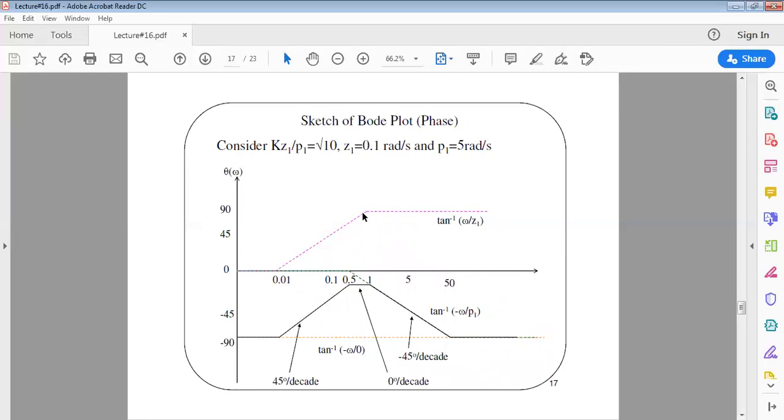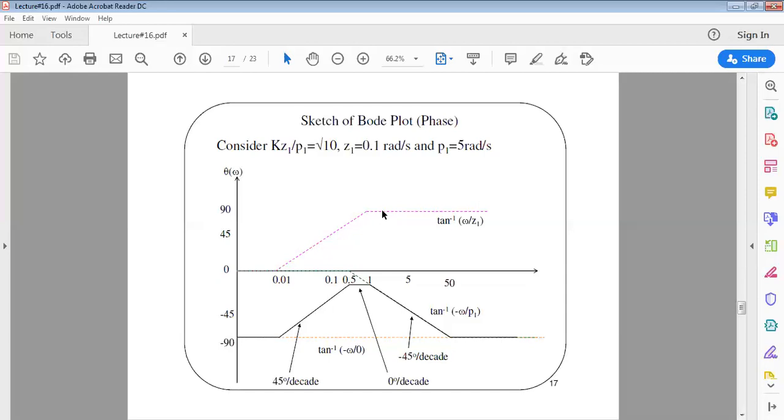We can connect these 3 points at 0, 45 degrees, and 90 degrees, giving a slope of positive 45 degrees per decade. This pink color is the plot for the phase angle for the real zero at 0.1.